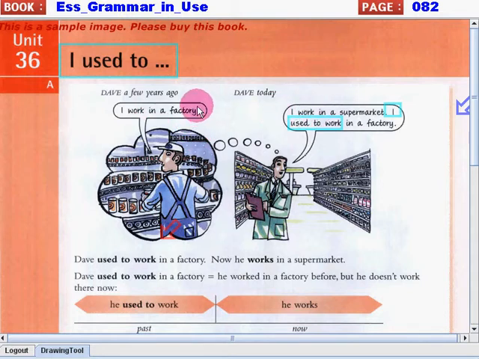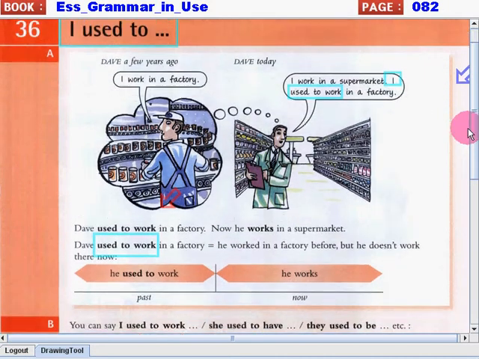Now, Dave used to work in a factory, but now he works in a supermarket. That means he worked in a factory before, but he doesn't work there now. That's why it's in the past tense. That's what he did before, but not now.